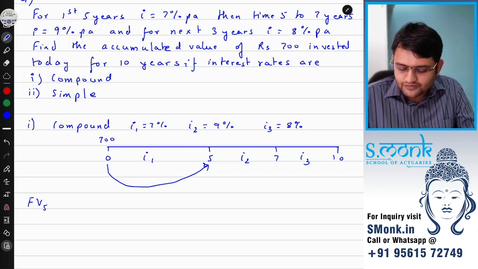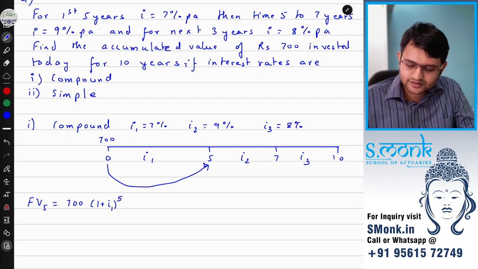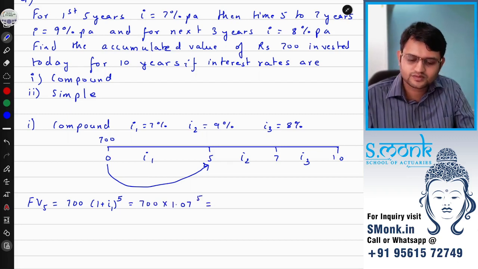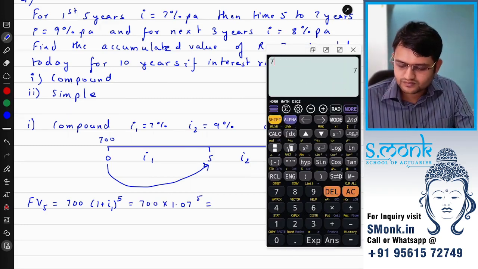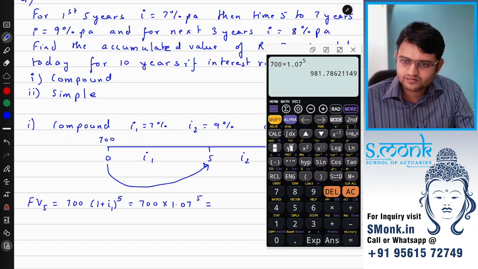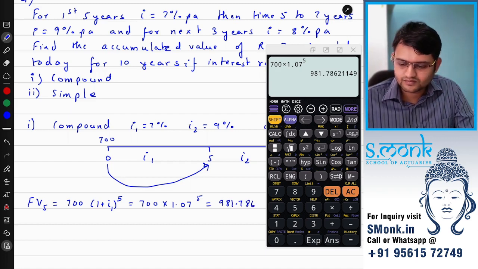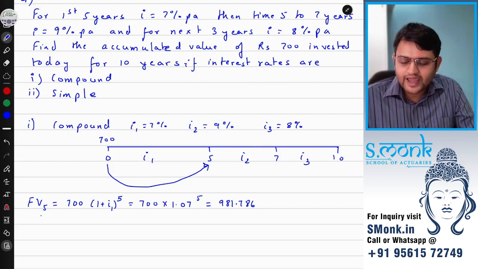So the future value at time 5 is going to be 700 into 1 plus I1 raised to 5, the first rate of interest. This is going to be the amount that I have at time 5.